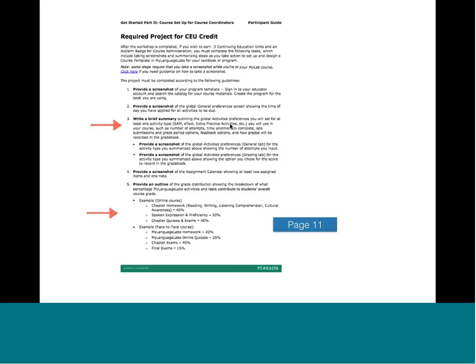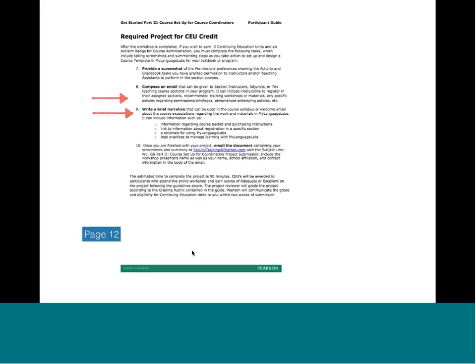Particularly a brief summary of the global activities and preferences that are set up for them so they know what they're working with, and definitely an outline of how you're going to do your grade distribution, which is already part of the things that you do for your class, right?